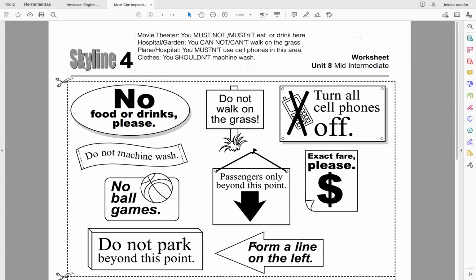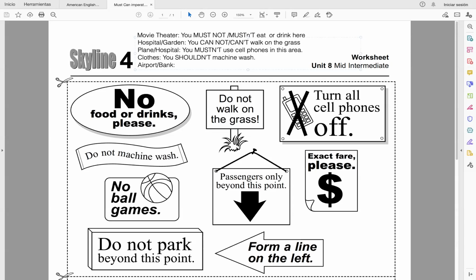Okay, look at the one here below. It says form a line on the left. The one that is at the bottom. Form a line on the left. Where do you think you can find that sign? In an airport? Could be at an airport. Very good. Could it be at a bank? Yeah, could be at a bank.